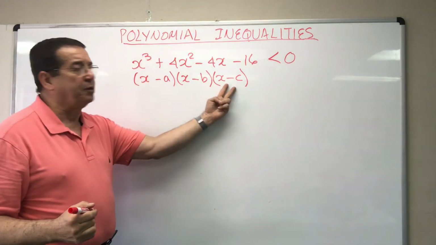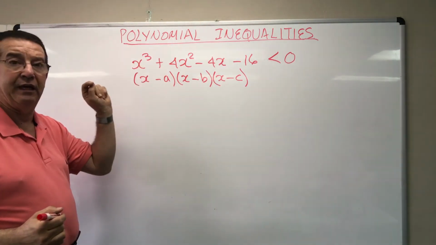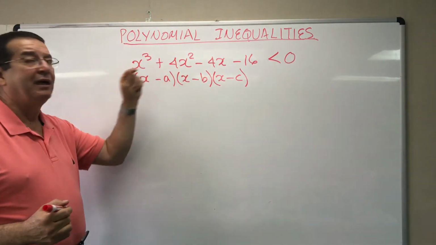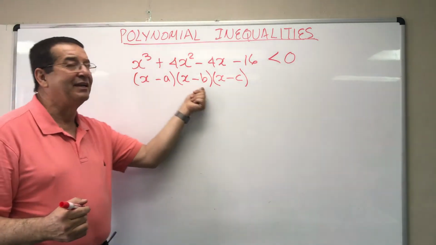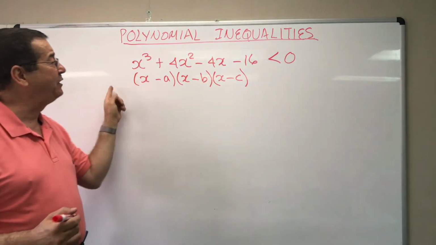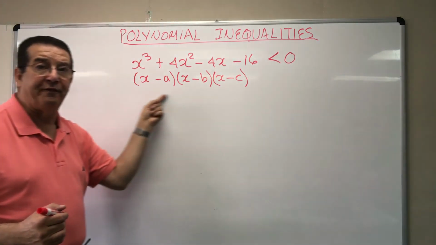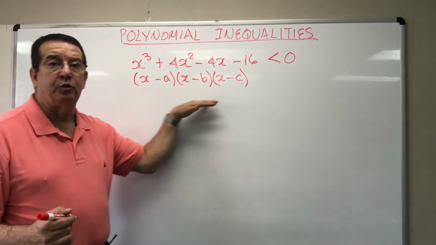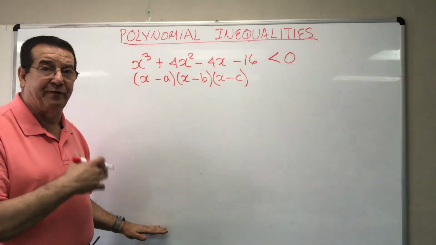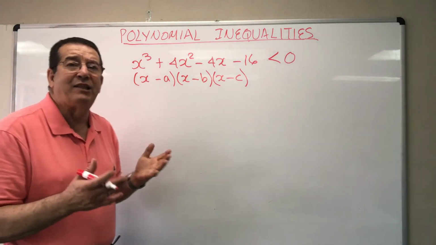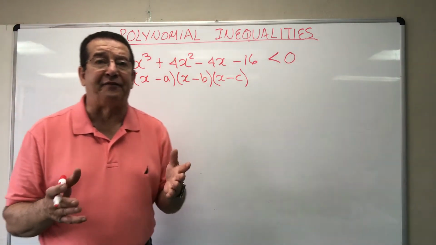Three factors because the degree is 3, and you remember the polynomial with degree 3 has 3 zeros. Then I need to represent my polynomial in factorization form to create a table similar to the first exercise and find the solution. What do I have to do to find the factors?